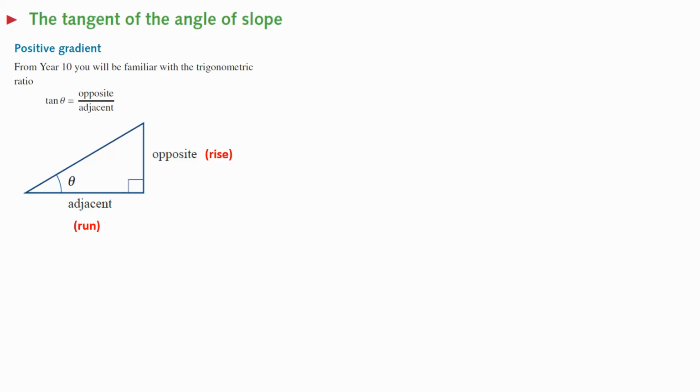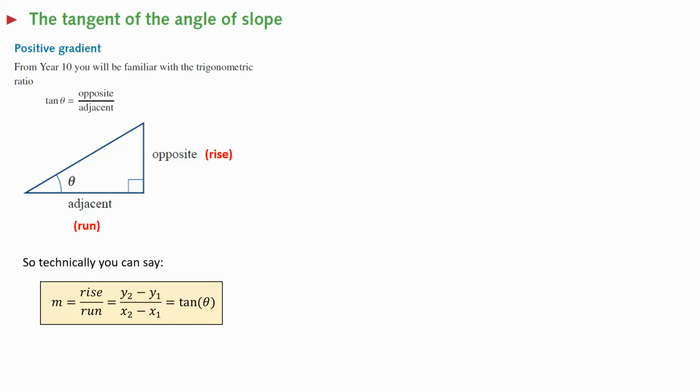So the gradient m is rise divided by run, or y2 minus y1 over x2 minus x1. That's the same as saying y2 minus y1 is the length of your opposite, and x2 minus x1 is the length of your adjacent. Opposite over adjacent is tan. The gradient is actually the tan of an angle.